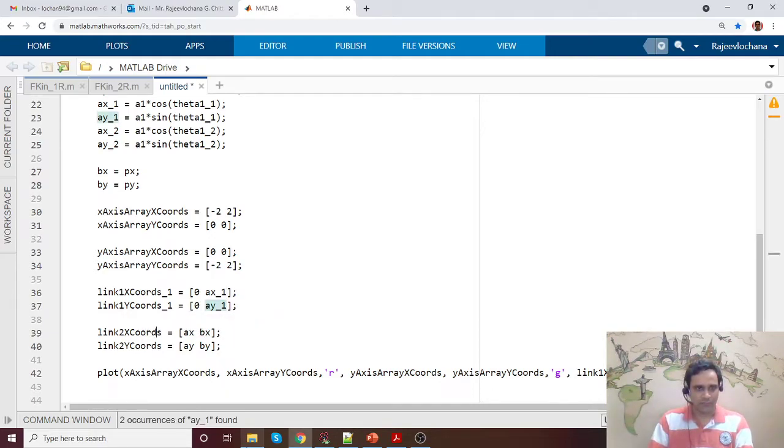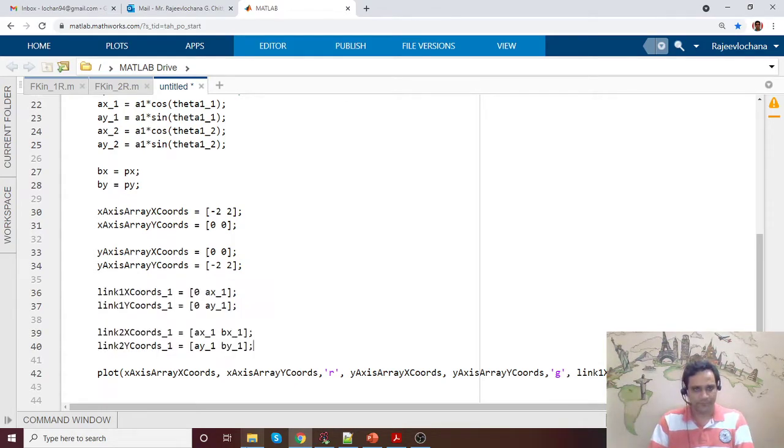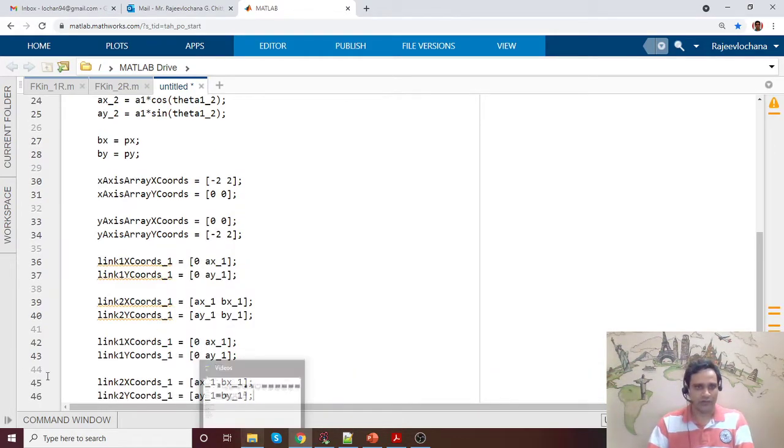Similarly we want to draw the line for the first solution for the second link, ax underscore 1 to bx underscore 1, ay underscore 1 to by underscore 1. Now again you may be wondering why we are doing all this. We just want to draw both the solutions together so that you understand.